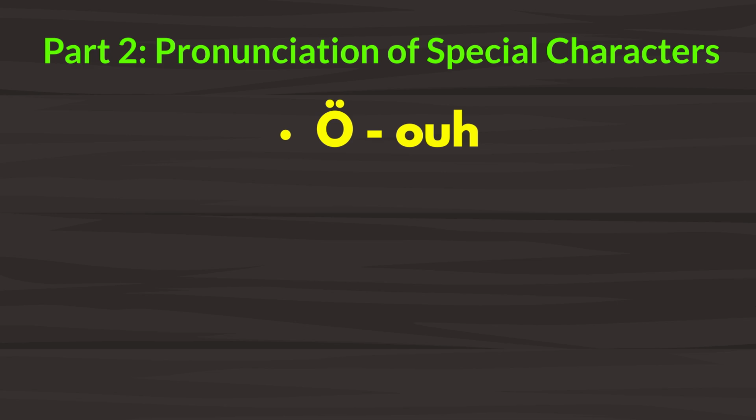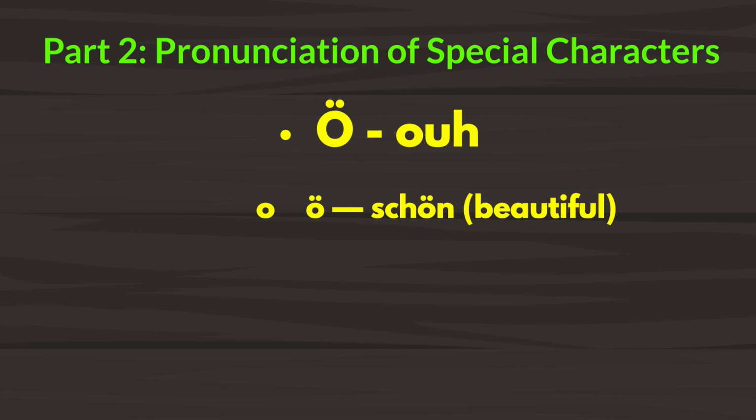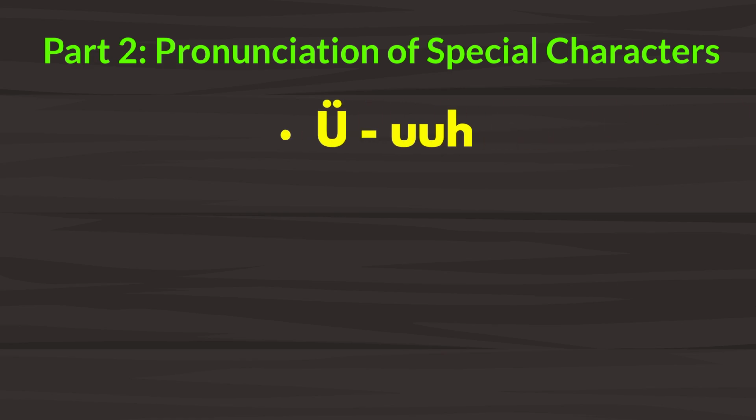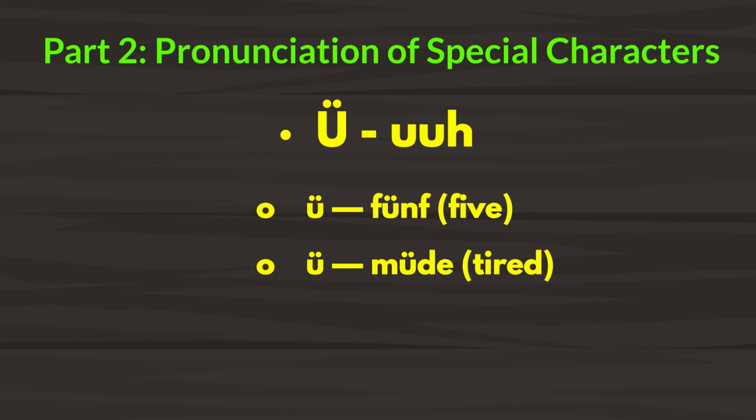For example, schön means beautiful, and können means can. Then, U-umlaut sounds like "ee", but with your lips rounded as if you're saying "oo". For example, fünf means five and müde means tired.